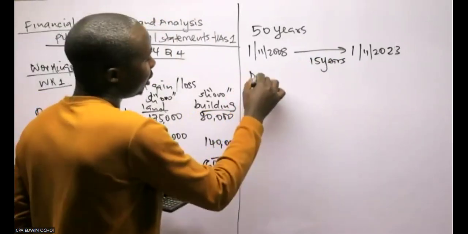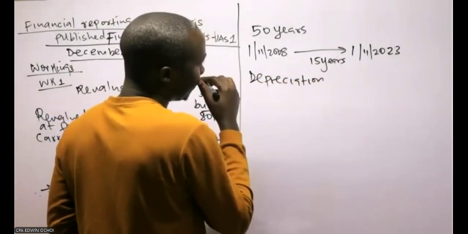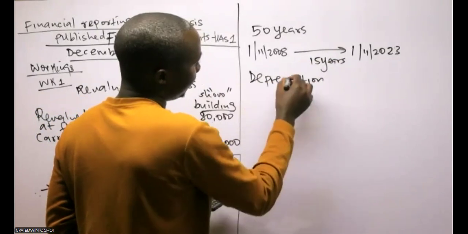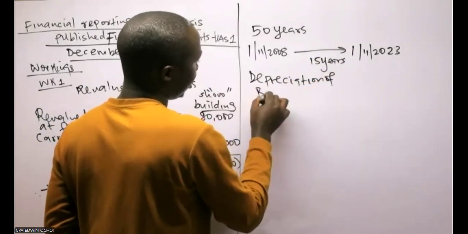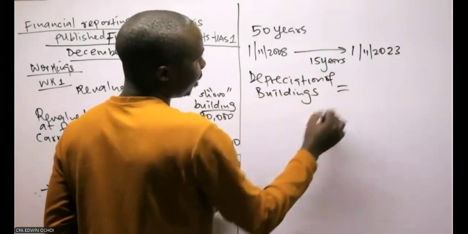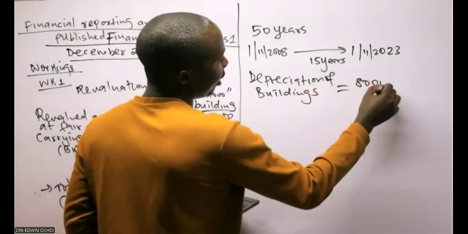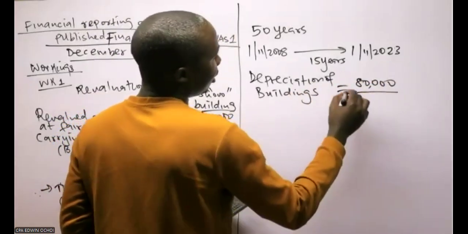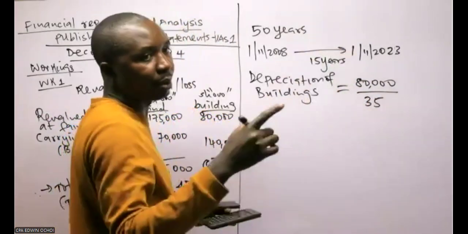So for me now to do the depreciation of building, remember that here I will take the building, which was revalued to 80,000, divided by how many years? Divided by 35. After revaluation, we use the remaining years.